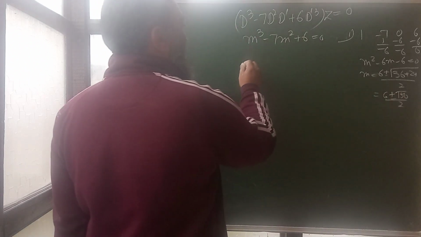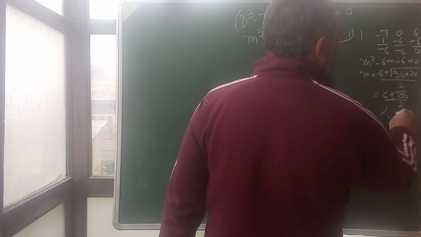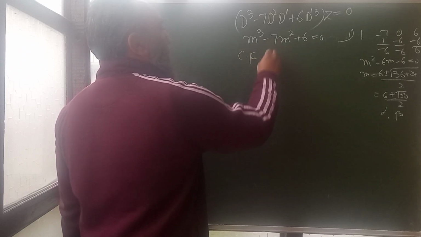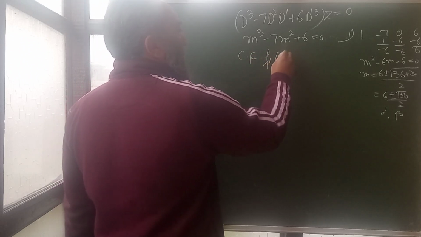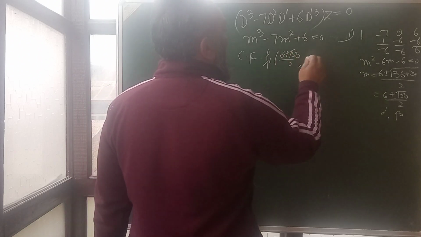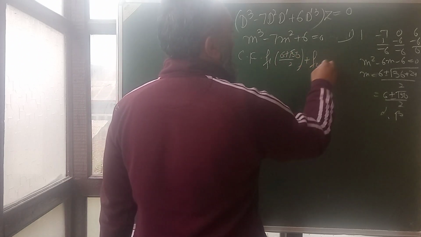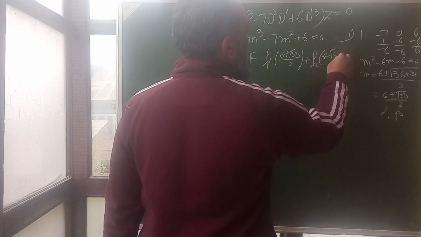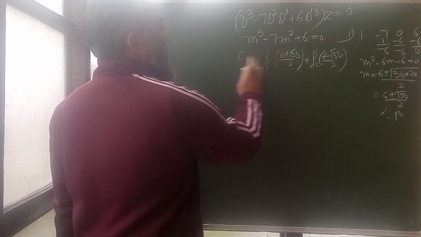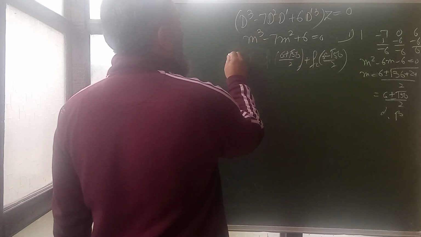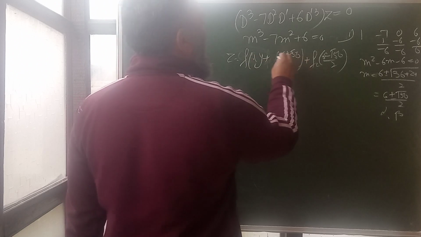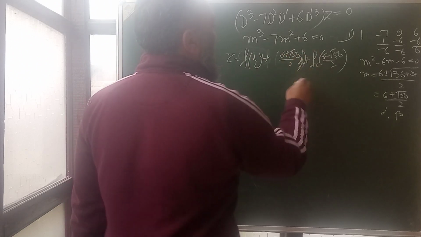So you can write down, say alpha and beta, so the complementary function is a function of y plus (6 + root 50)/2 x, and a function of y plus (6 - root 50)/2 x.